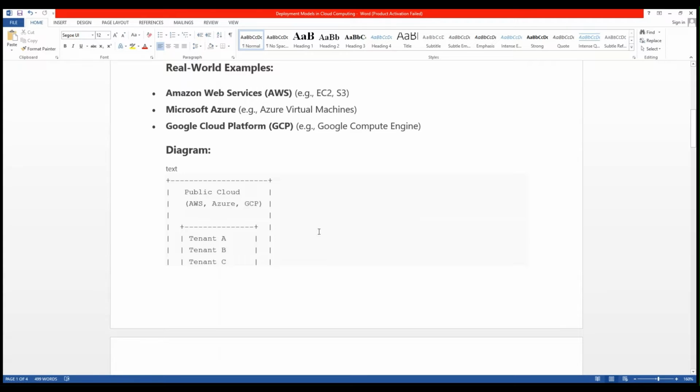Here is the concept of the tenant. A tenant is the person who is accessing the services by purchasing the subscription. He has to pay some money and he can access those services like storage, networking, application. So public cloud means that it is available to the public.